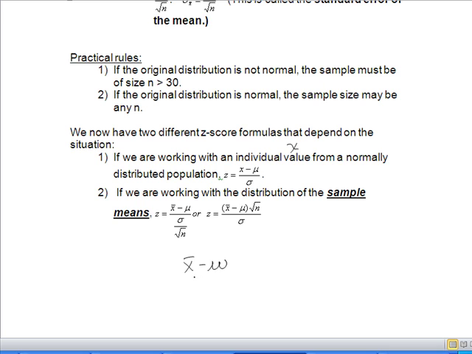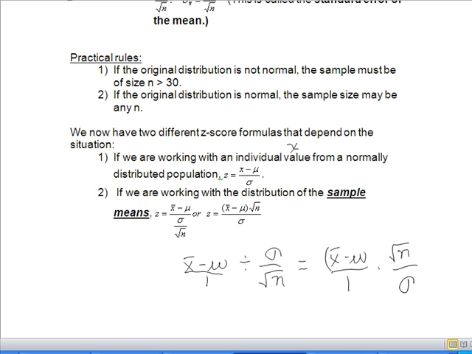So if I put this in parentheses, you can see I get x bar minus mu times the square root of n over sigma. So that's where that comes from. And I find students do better if they use this formula rather than the one that the book has. It's easier to enter on a calculator for one thing.